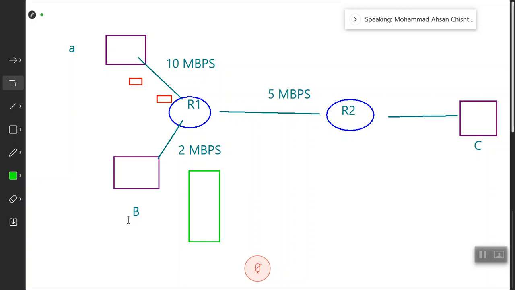Now let me change this 5. I'll change this to, let's say, 10 Mbps. Let me just remove this.